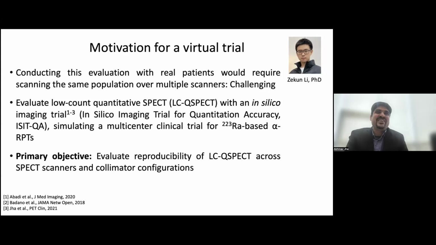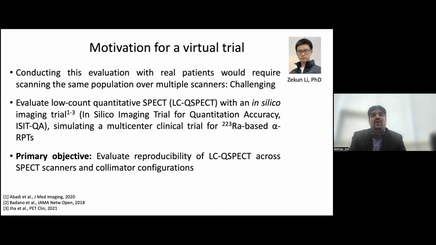But I like this ISIT name, and I should also acknowledge Dr. Dan Thorek, who is a collaborator, for initially suggesting this. I really like this whole ISIT thing, which we have then gone on to a metaverse where we have multiple ISIT trials.